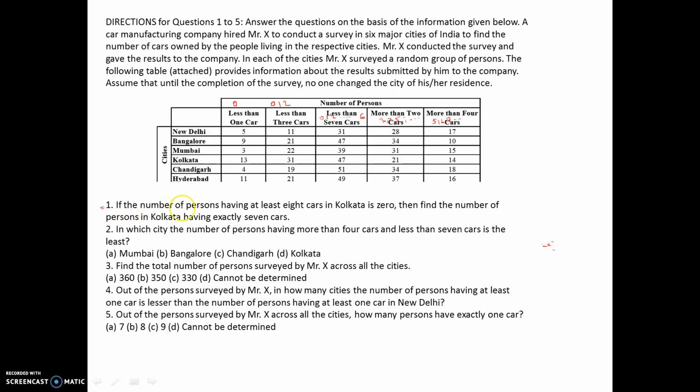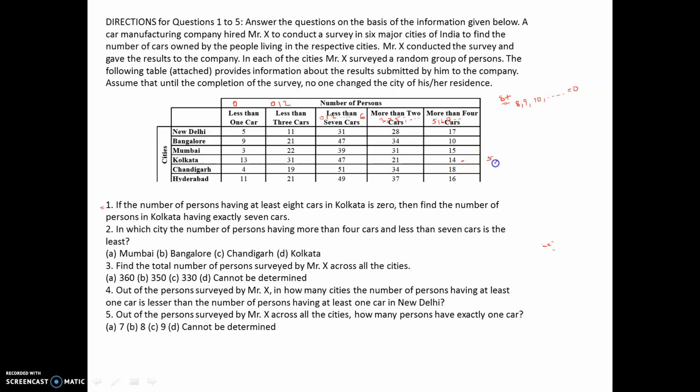So let's look at the very first question. It says the number of persons having at least 8 cars in Kolkata is 0. So at least 8, where will we get that? It is 8 plus, right? So 8, 9, 10 and so on. This number in Calcutta is 0. So Calcutta, if you see, the number of people with more than 4 cars is 14, right?